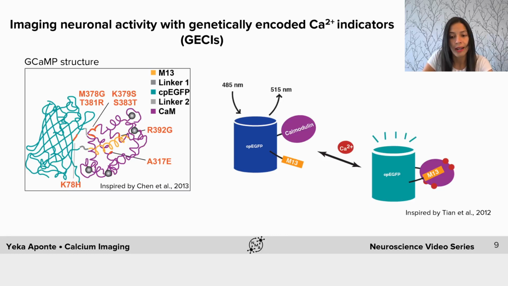So when neurons are active, such neuronal activity causes rapid changes in intracellular calcium, and that triggers a conformational change that increases brightness with calcium binding, as you can see on this schematic. So those changes in fluorescence are used as a proxy for neuronal activity during behavior.